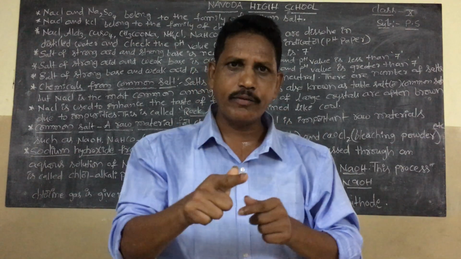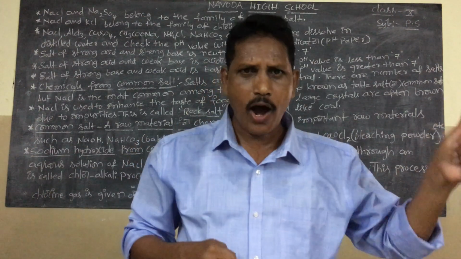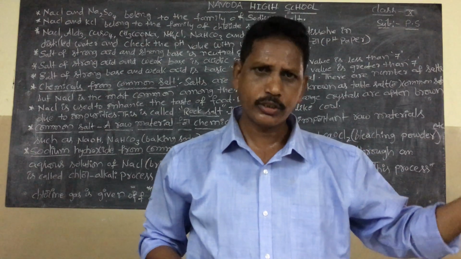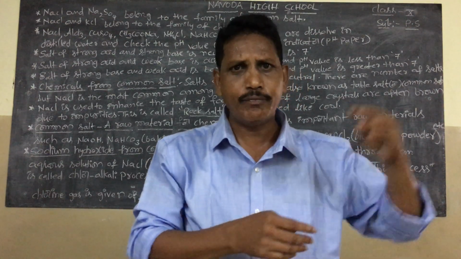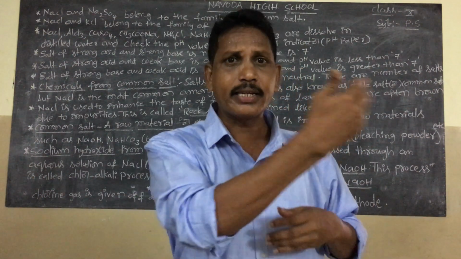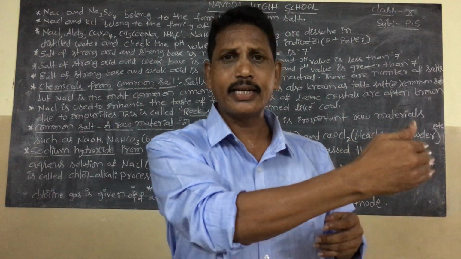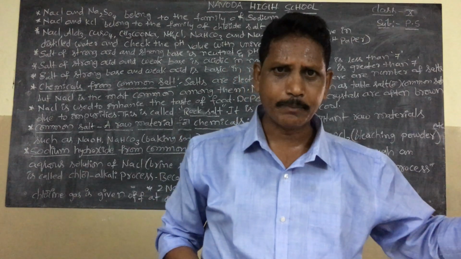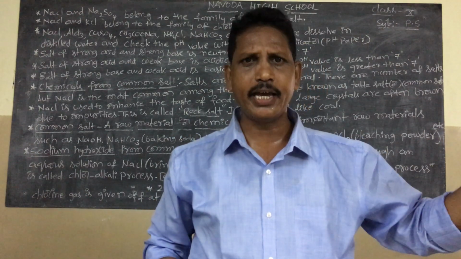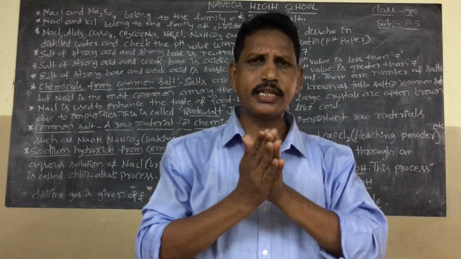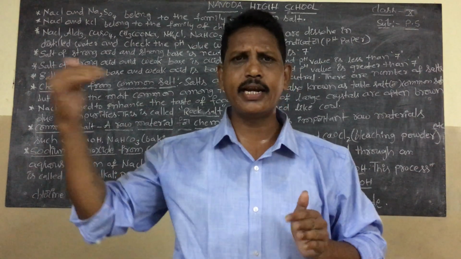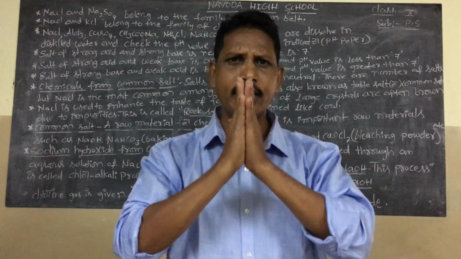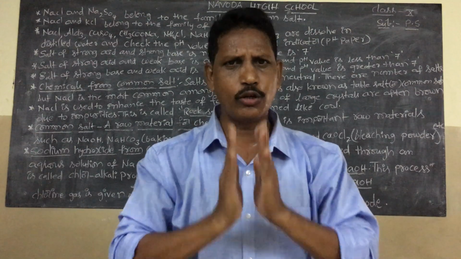A strong base reacts with a weak acid to form salt. The pH value of this salt is greater than 7. It is basic in nature. We know pH less than 7 is acid, pH greater than 7 is base, and pH exactly 7 is a neutral solution.